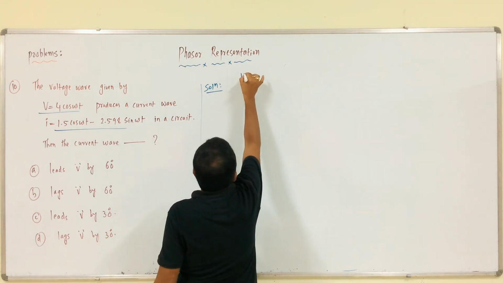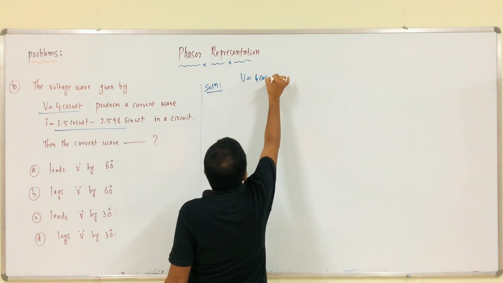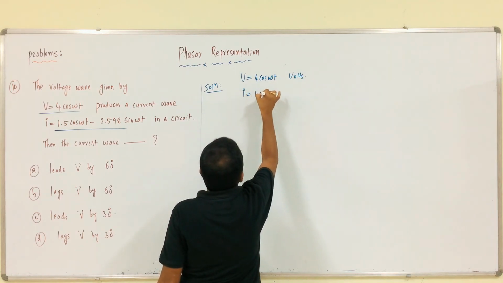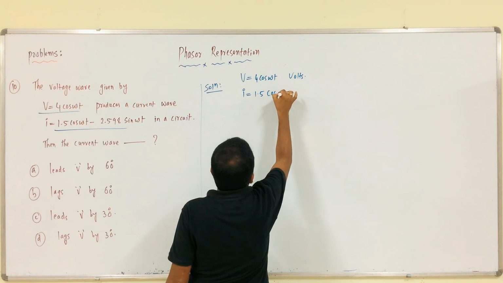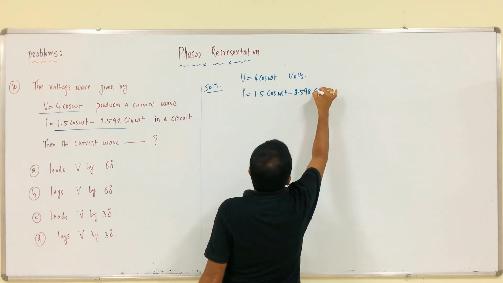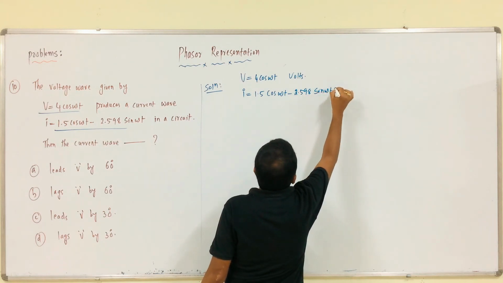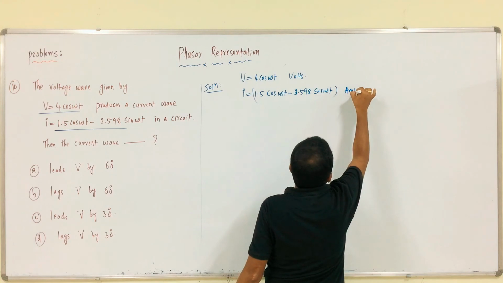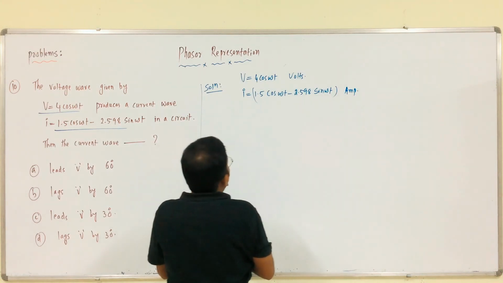So, V is given as 4 cos omega t volts, but coming to current, that is 1.5 cos omega t minus 2.598 sin omega t amps, right?